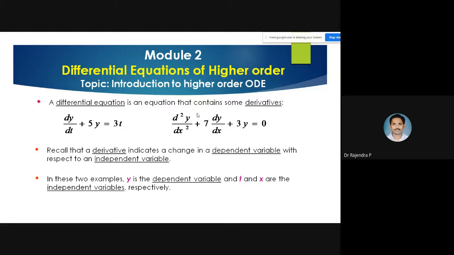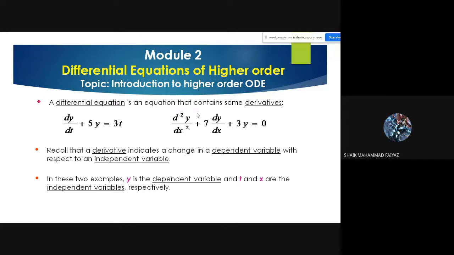We already know that from our first semester, this type of dy by dx plus py is equal to q form is called a first order linear differential equation. On what basis can we say it is linear? Because its degree is 1. For the derivative dy by dt, the power is 1, so it is a linear differential equation. If the power is more than 1, then it becomes non-linear. That's what we learned. Is it correct or not?